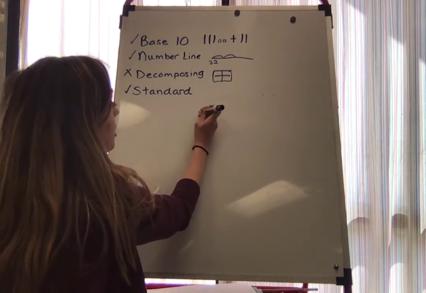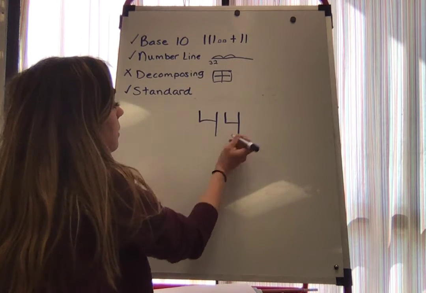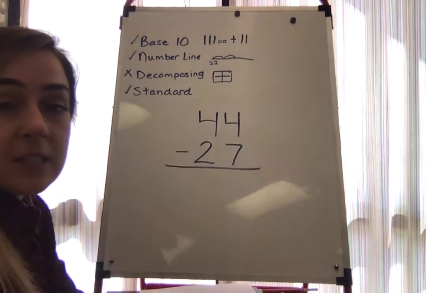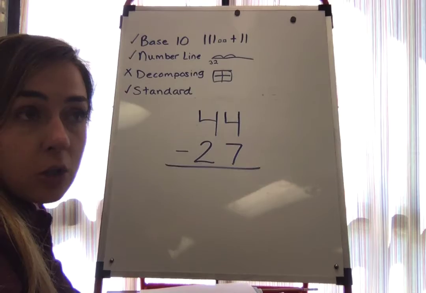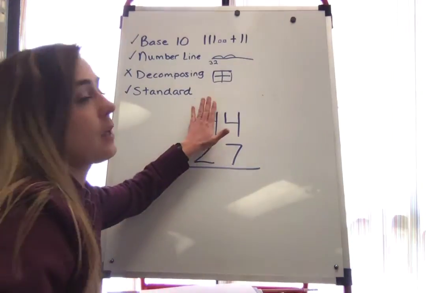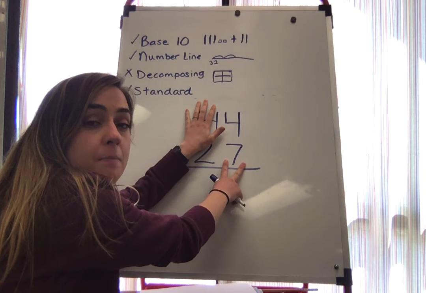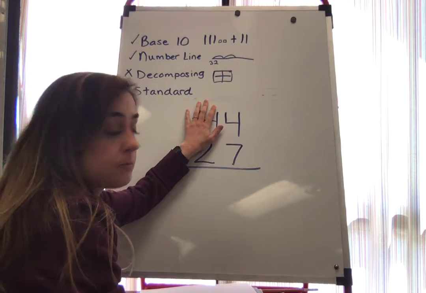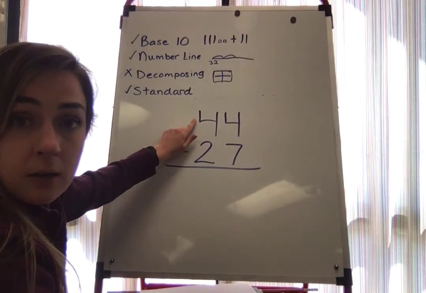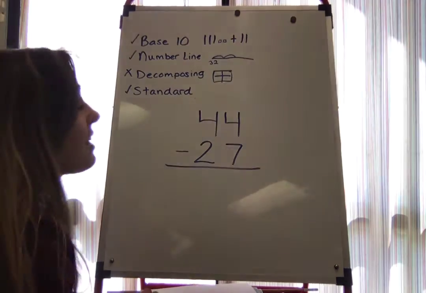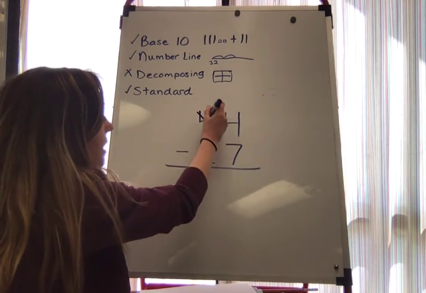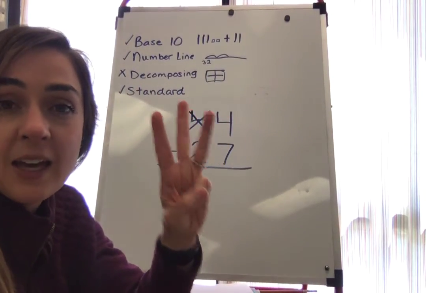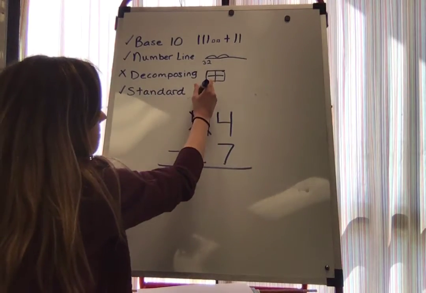All right, so I want to know what 44 minus 27 equals. So first step in standard algorithm is always to look in the ones place first. If the number on the bottom is bigger than our upstairs number, that tells me that you have to borrow. All right, so I gotta go knock on my neighbor's door and ask for a 10, and they always say yes. So I'm gonna cross out the 4, and if I had 4 groups of 10 and he's giving 1 away, now I have 3 groups of 10.